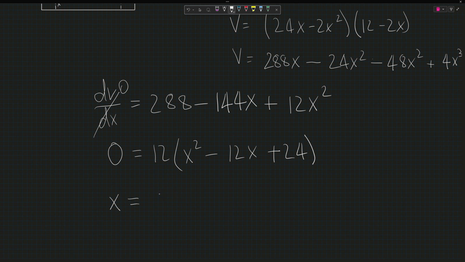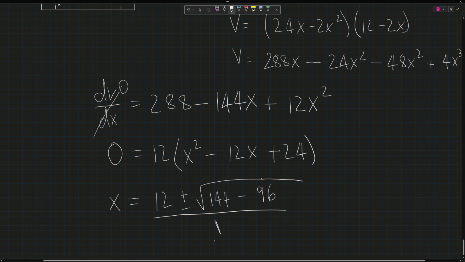So I'm going to say x equals negative negative 12, so that has to be 12, plus or minus the square root of 144 minus 4 times 24. 4 times 24, that's going to be 96, all divided by 1.